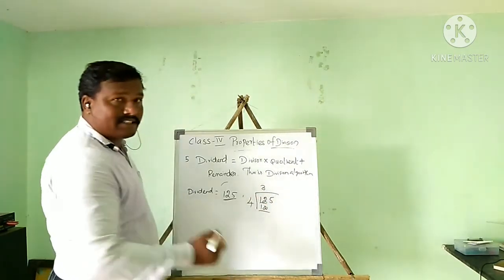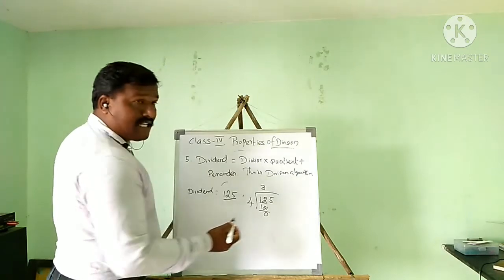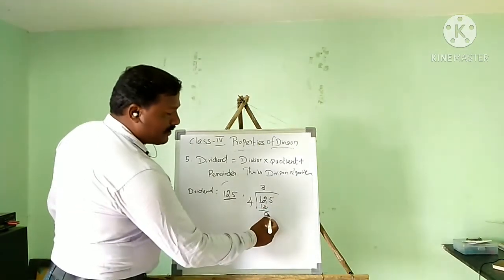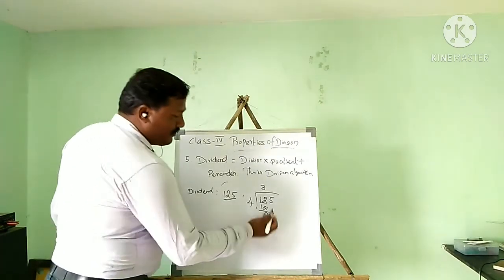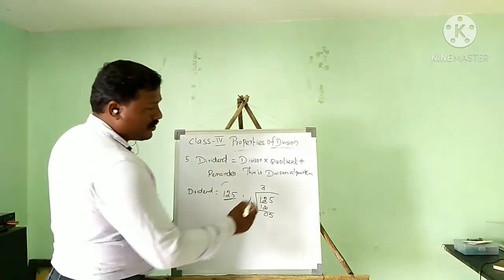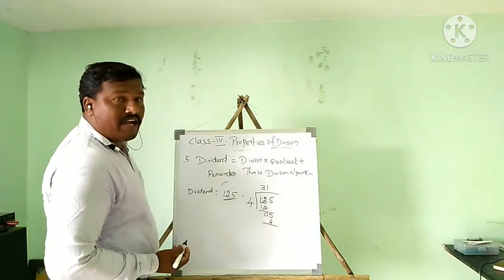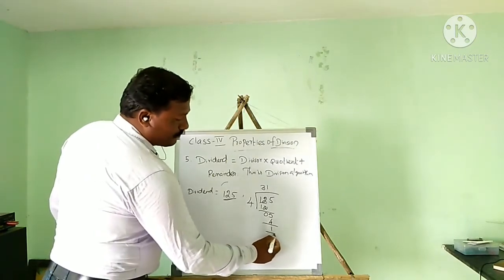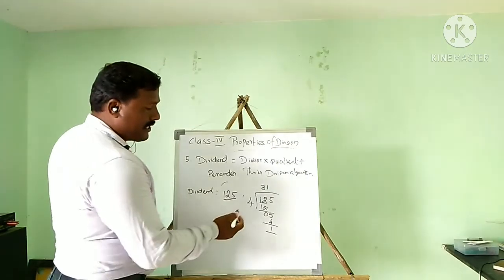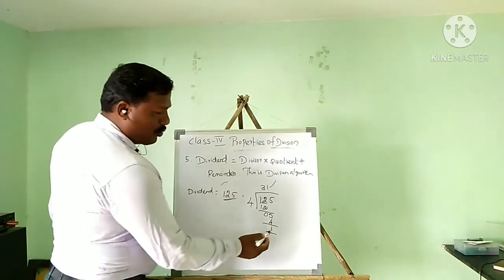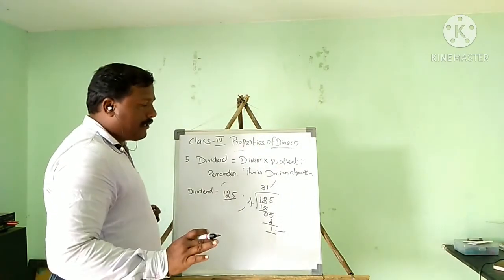Now we subtract, and we get 0. One number remains, so I will bring down 5. Now I want the 4 table up to 5. 1 4 is 4. So 5 minus 4, the remainder is 1. So after dividing 125, I got 31 as the quotient, 1 as the remainder, 4 as the divisor. So I finished the sum.